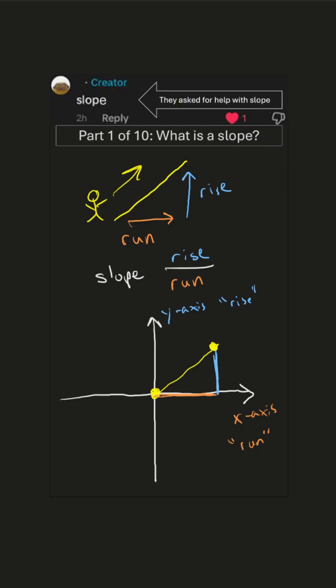And the way we do that is we look at the change in y over the change in x. And in the next videos in this series, we're going to explain exactly how to do that.